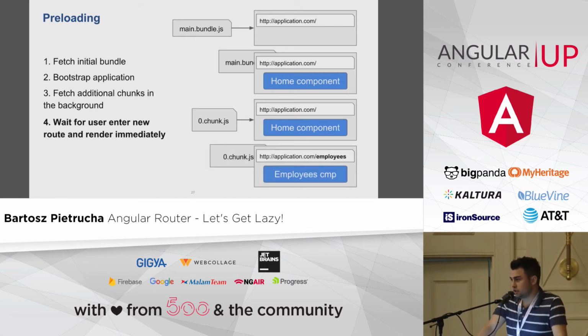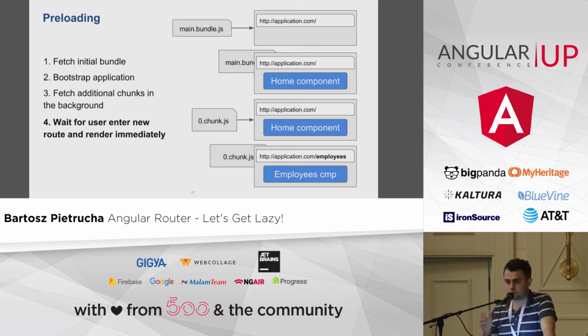And then when we have this chunk already fetched in the browser, once the user would change the particular state, the lazy loaded part would be already there. So there would be no delay or waiting for the chunk to be downloaded in the lazy manner.